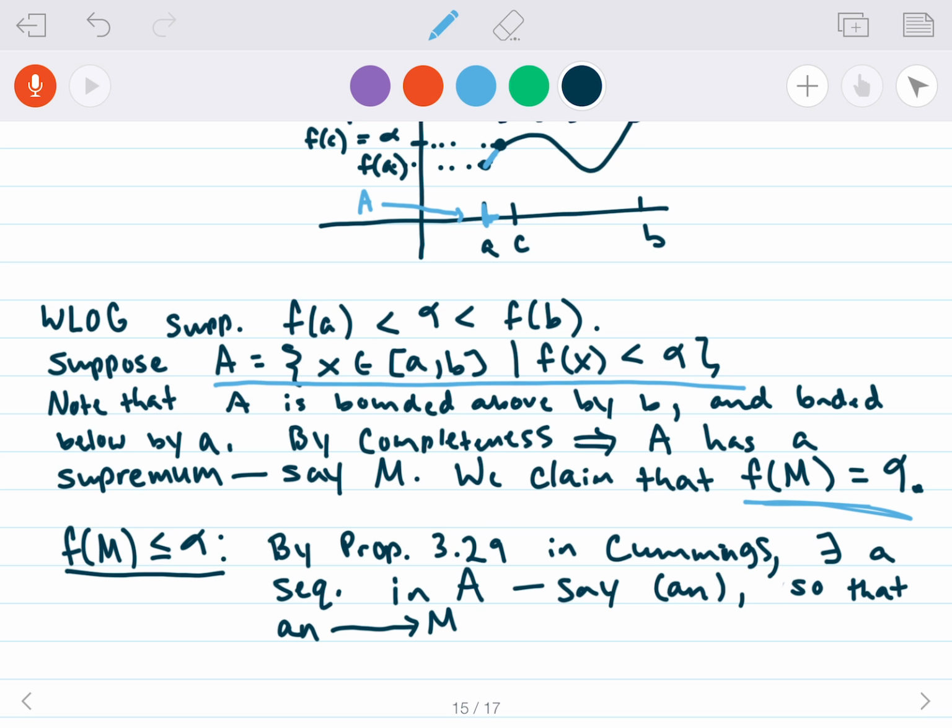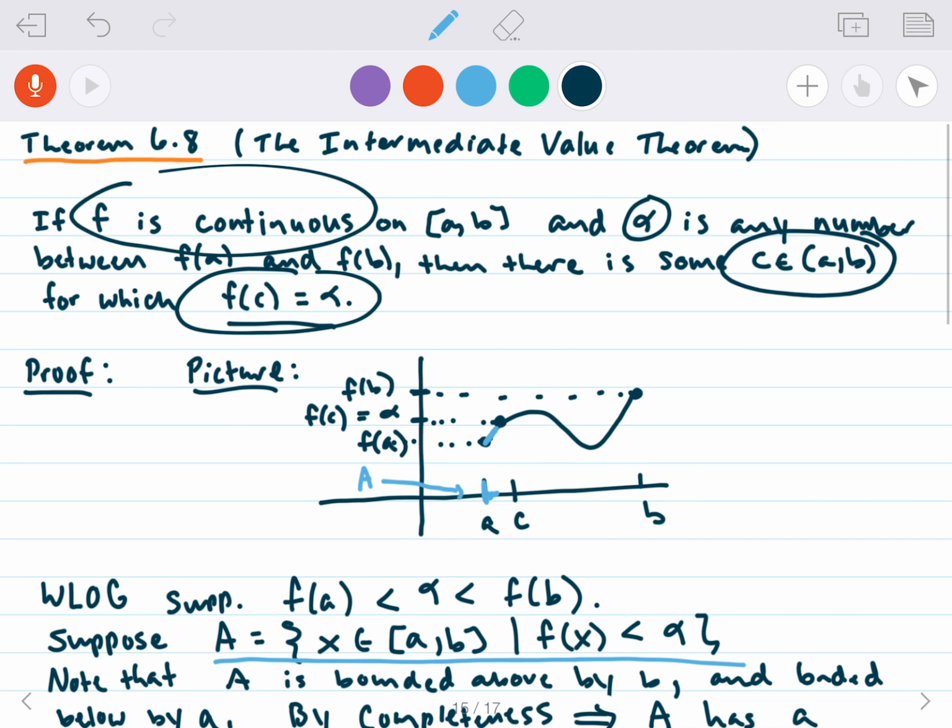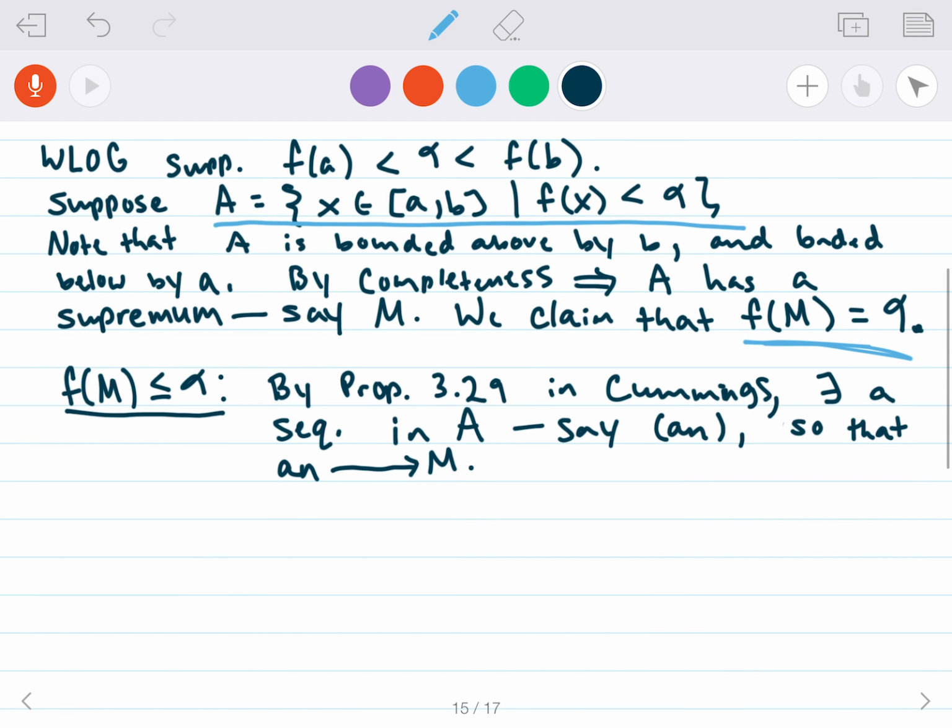Well, what do we know? We know that f was assumed to be continuous. We know some things about continuous functions in terms of sequences by the very first theorem of the lecture. We know that if we have a sequence converging to c, and our function is continuous at c, then the sequence formed by applying f to that sequence is going to converge, right?